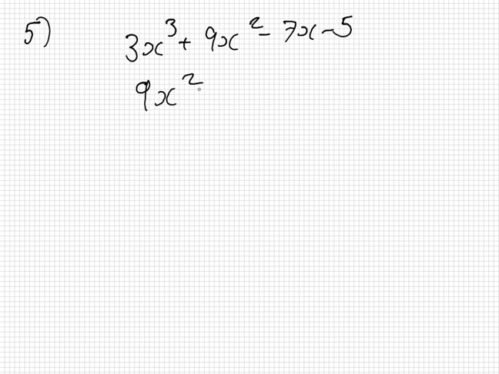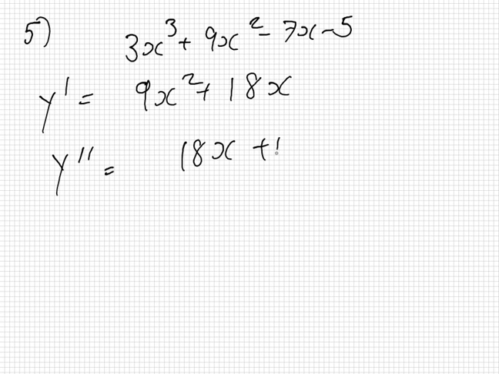So first, let's get the first derivative of 3x cubed plus 9x squared minus 7x minus 5. It would be 9x squared plus 18x. And then the second derivative is 18x plus 18. I want to know when that is 0. That is when x equals minus 1.